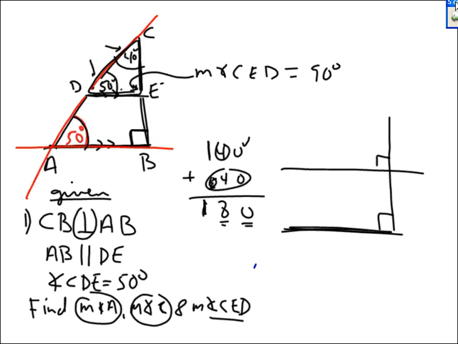Okay, in fact, why don't we try to prove this? Let's try to prove that. It's an important theorem. You have a pair of line segments that are perpendicular, AB and BC.